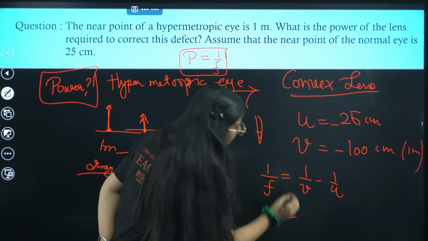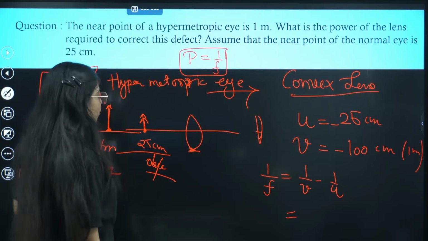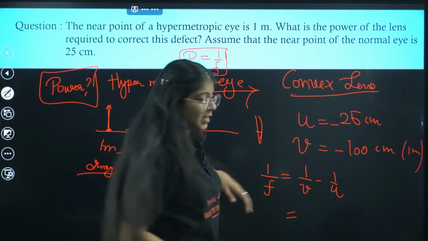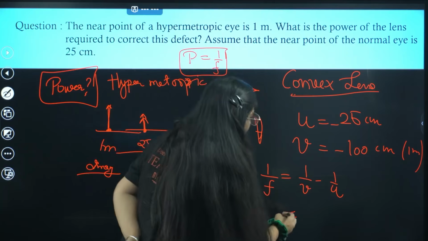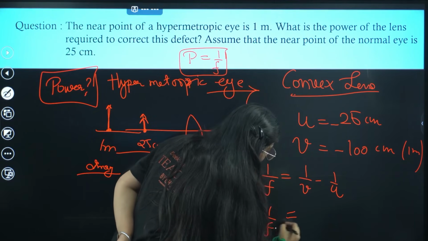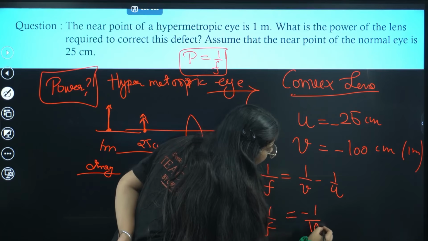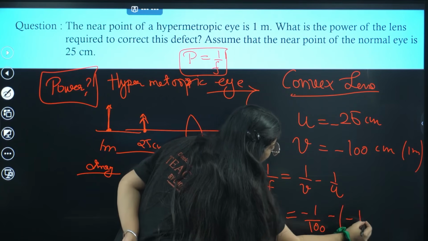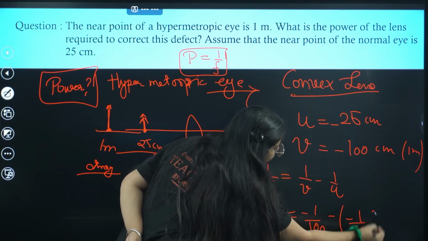Because in a convex lens both are formed at the left hand side. So 1 by f equals minus 1 by 100 minus of minus 1 by 25, correct?